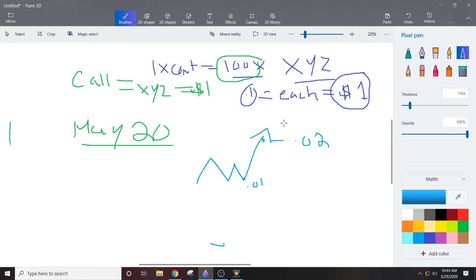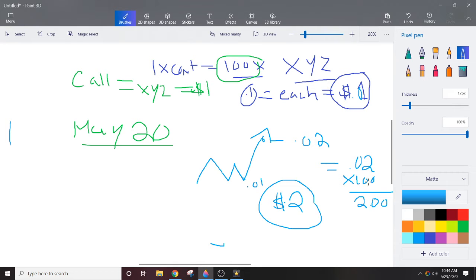So now, if you were to sell this contract before expiration date, you would make $2. You made $2 because now, instead of 1 cent, it's 2 cents. And you multiply 100 shares times 2, and you get $2. There you go, $2. You made $1 profit, 100% return, because you bought a call and the company went up.